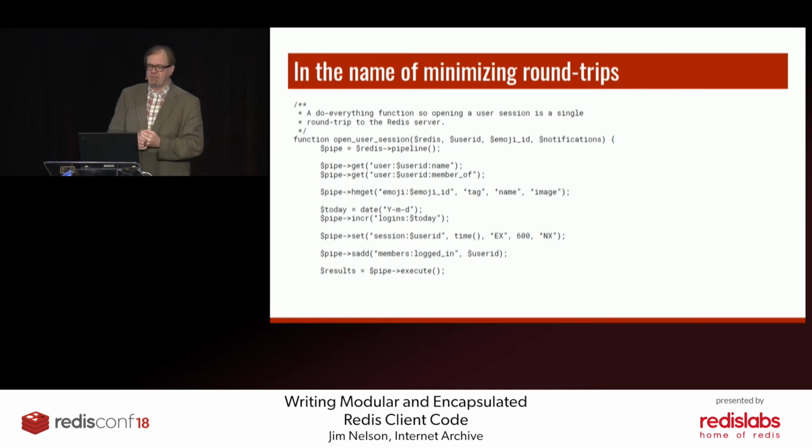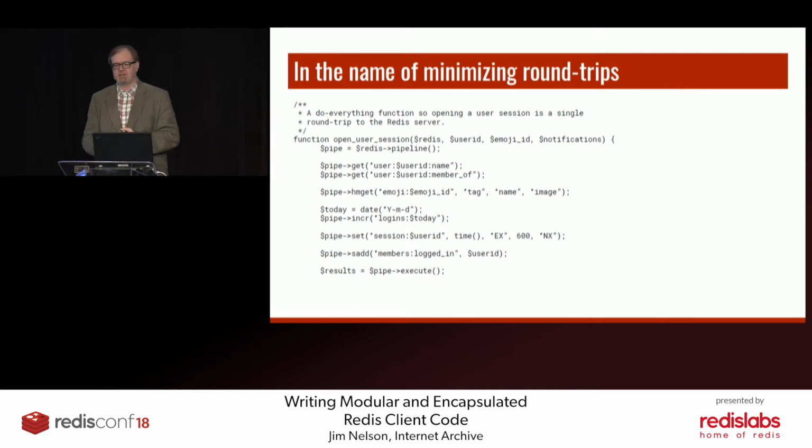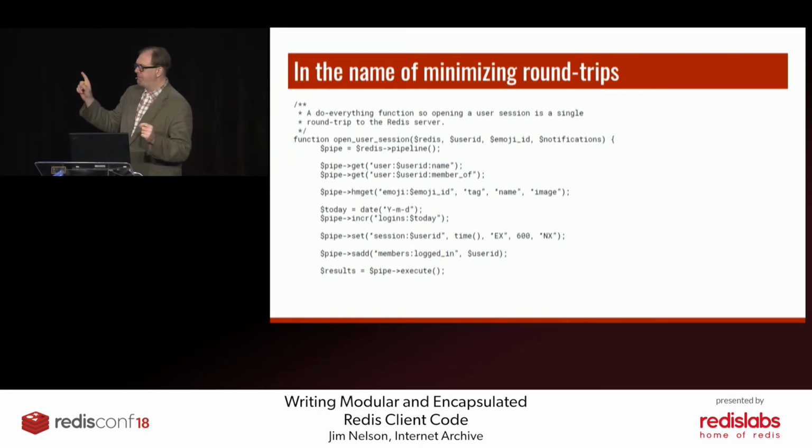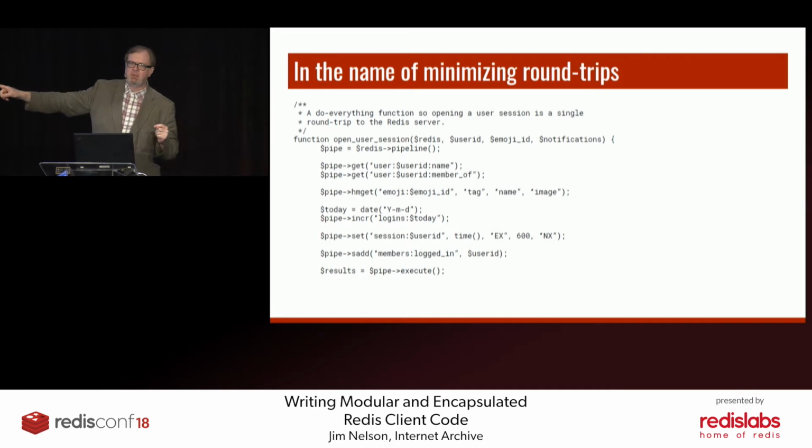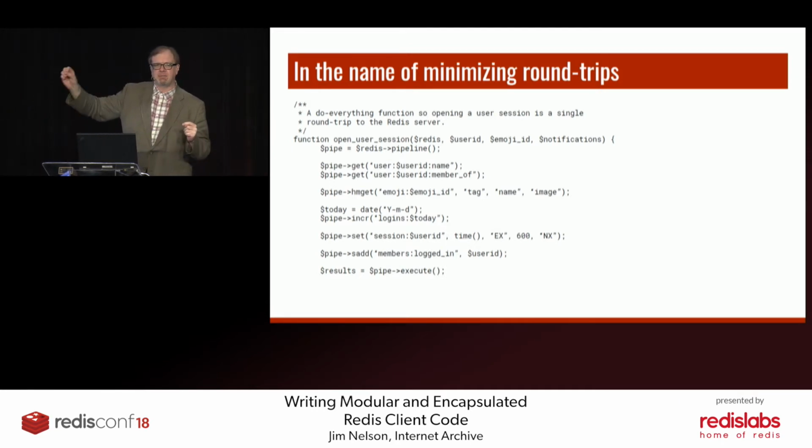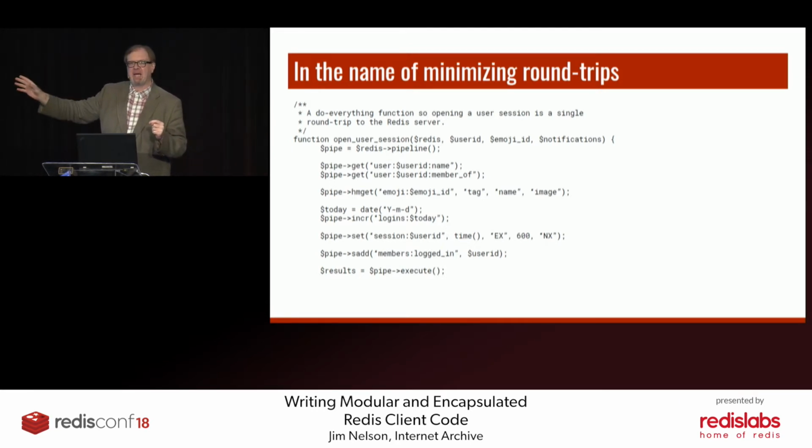So what do we do? We take the Redis client object and we create a pipeline. And if you're not aware, in PHP, when you see the $ sign in the middle of a string, that's a variable being expanded in the string. It's almost like an sprintf, just making sure it's clear. So we schedule a get, we schedule another get to get the name and the membership.